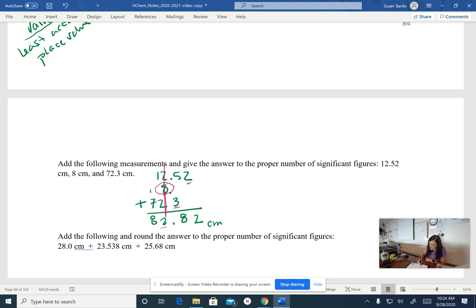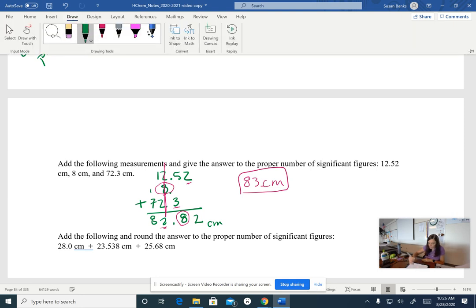That means we have an estimation at that ones spot. So I'm going to have to estimate at that one spot. That means I look next door. That 8 tells me to round up. So I am going to call this 83 centimeters. That is all we're going to be able to do because that 8 is going to hold us at that spot. Okay, at the one spot.